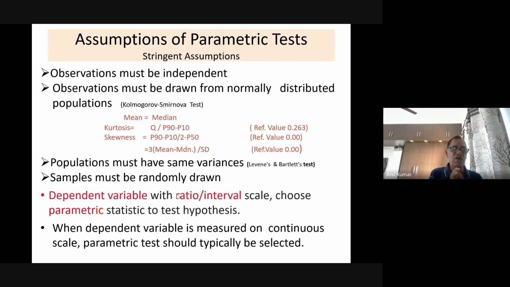When the dependent variable is measured on a continuous scale, parametric statistics or a parametric test should typically be selected. So all these are stringent assumptions to be satisfied before really applying a parametric test for data analysis from the basket of inferential stat.